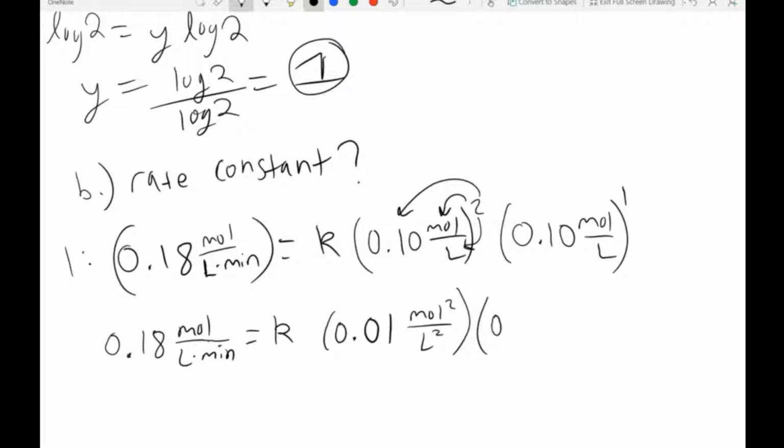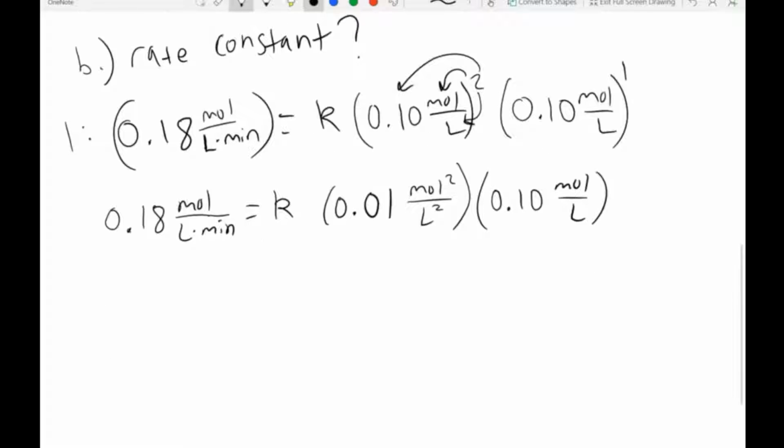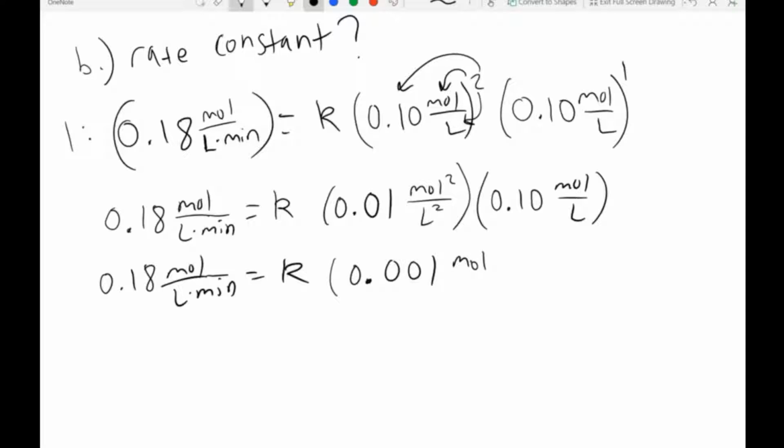It's multiplied by 0.10 moles over liters. So 0.18 moles over liters times minute, that's K, and then 0.01 times 0.1 is equal to 0.001, and the moles squared gets combined with the moles to give moles to the third, and the liters squared gets combined with liters to the first to give liters to the third.